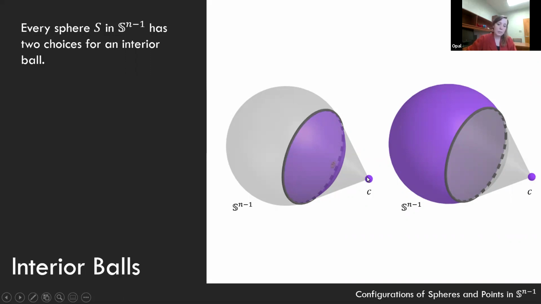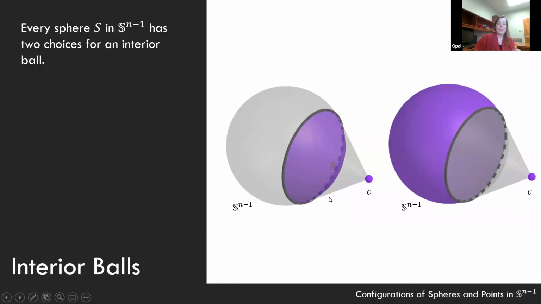And with that, if you consider the time-like subspace that is intersecting the n-1 sphere to create this sphere here, and if you're picking out an interior ball, then you're picking out a half space to go with that time-like subspace.